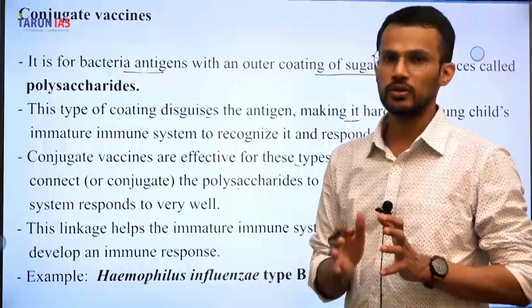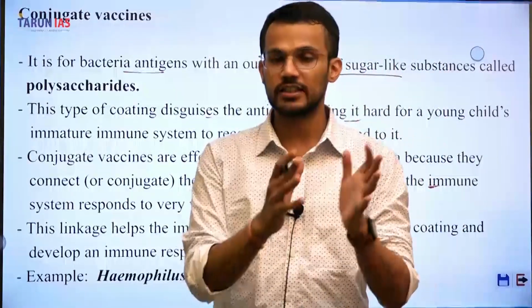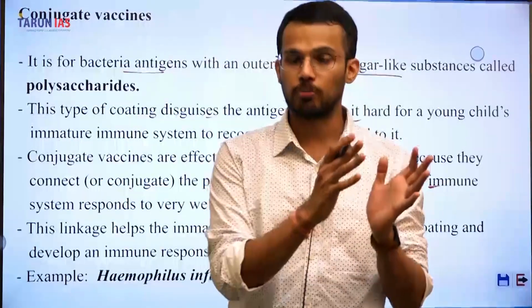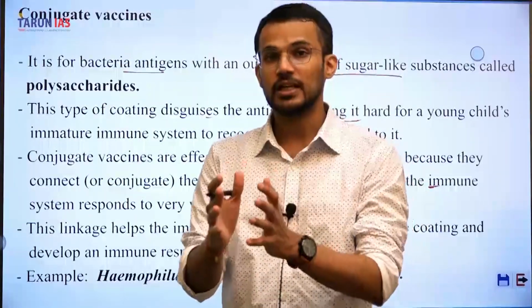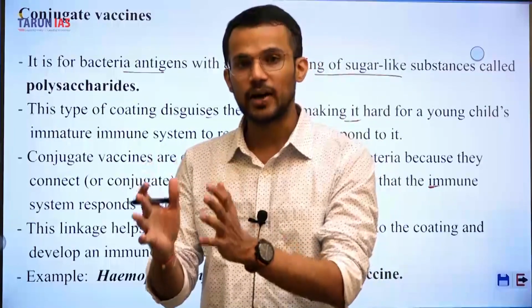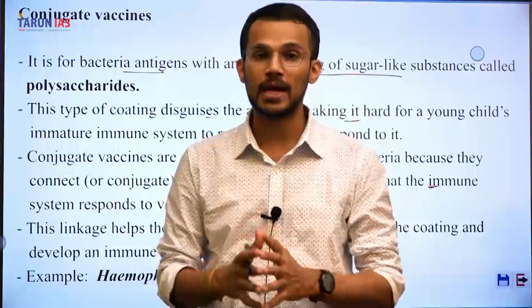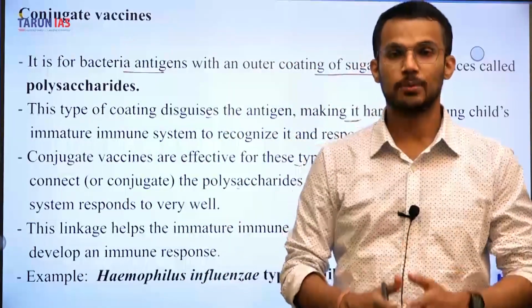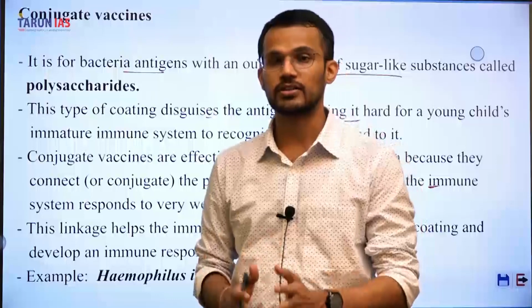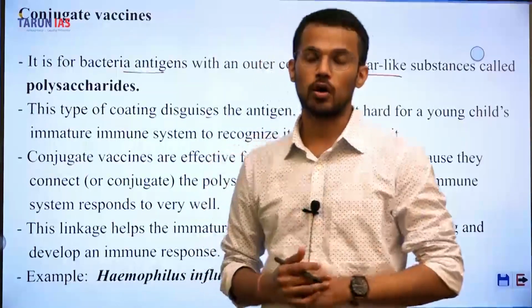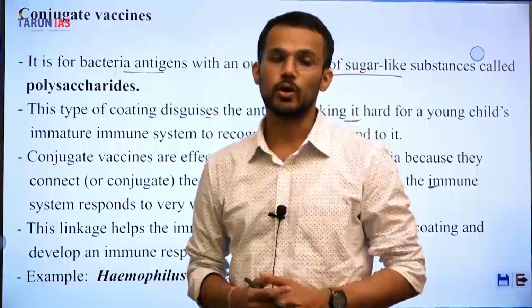So what we'll be doing? We will be connecting the bacteria with the covering of polysaccharides with such an antigen which is identified by the child's immature immune system in a better way. And based upon this identification, the immune system will be taught about the polysaccharides.